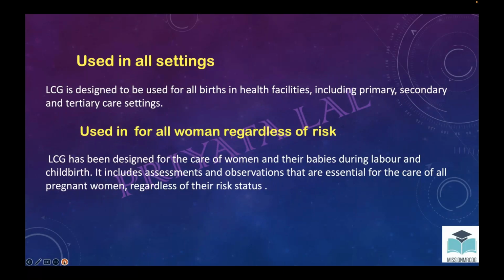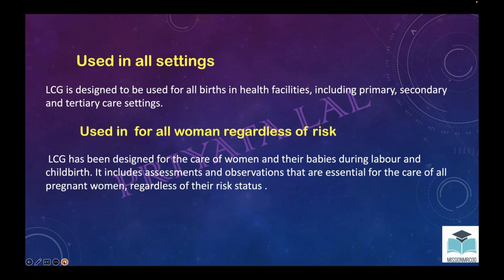So it is designed for the care of women and their babies in childbirth, all pregnant women regardless of their risk status. So it is not that you would be using this for high risk women, or that you will not be using it for low risk women. No, it is used in all settings, whatever the setting, and for all women, whatever the risk they are having.